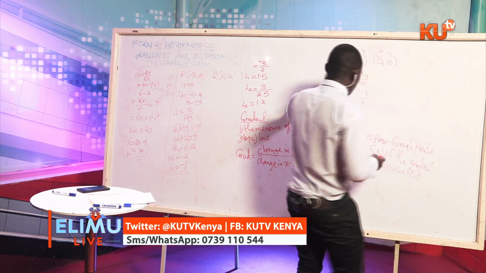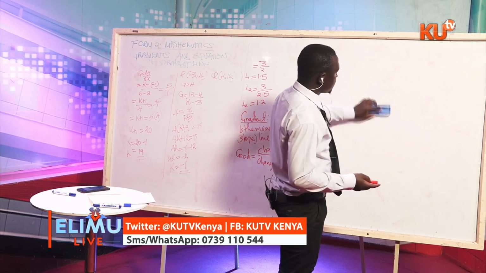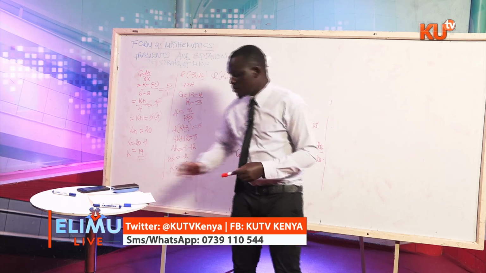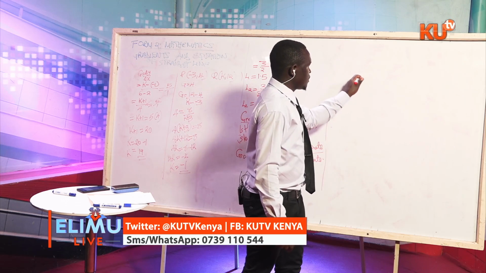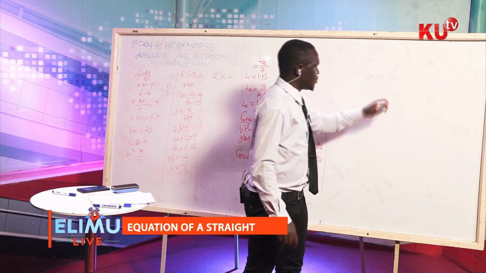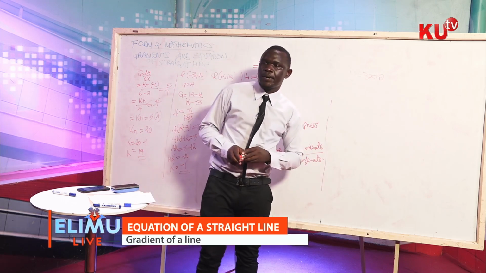So when you have the equation y equals 3x plus 2, and you are told to compute its gradient, what do you do in that scenario? Y equals 3x plus 2 is your equation. When you are told to get its gradient, how do you approach this?